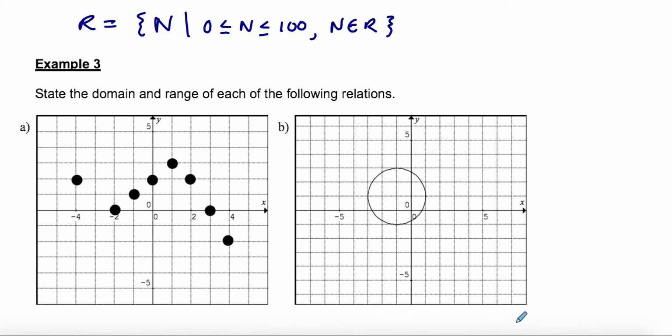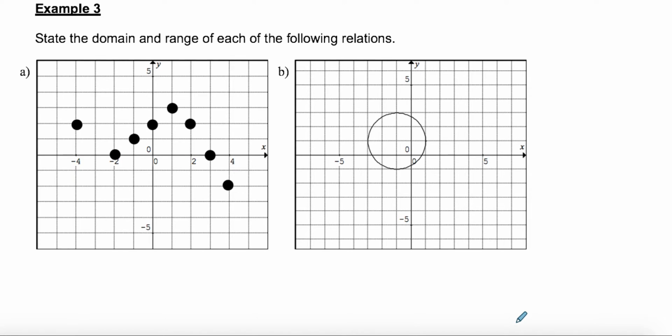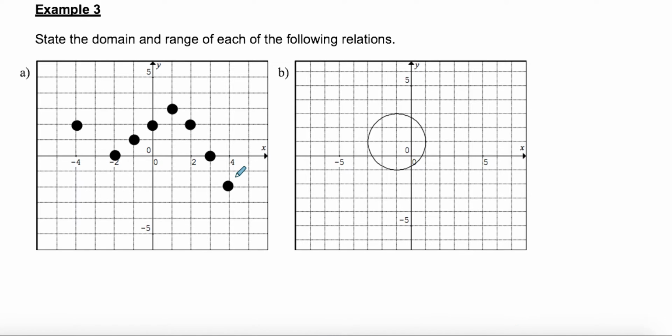Okay, example 3, we're back to some distinct points here again. These are both relations, and we can look at the domain being, for this one in part A, all of the x values that we have listed in this relation. So again, these are distinct points. So I am going to just list all of my x values for the domain.